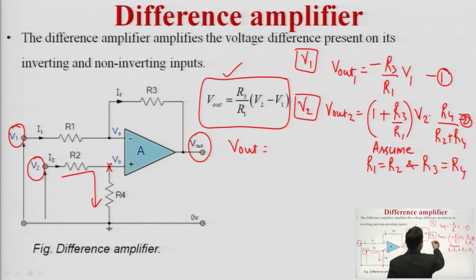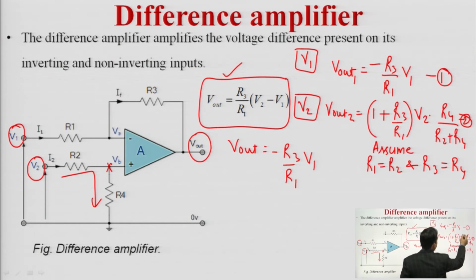So we can see here that we have minus of R3 by R1 multiplied by V1, and what we can achieve from here: R3 equals R4 and R1 equals R2. So this term will get cancelled with this term, and R4 equal to R3 and R1 equal to R2.